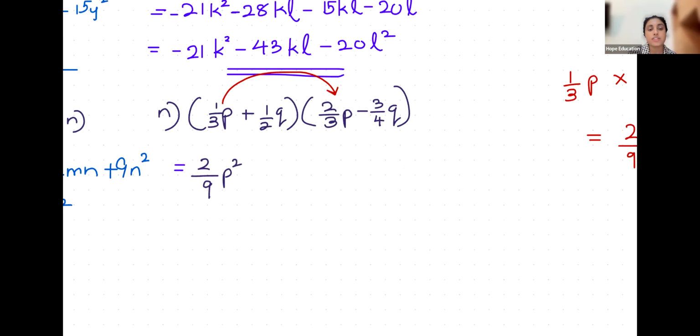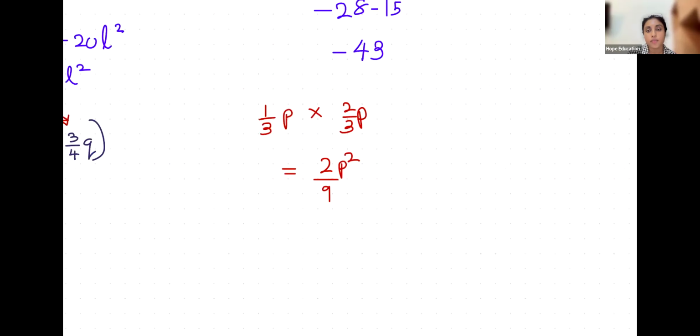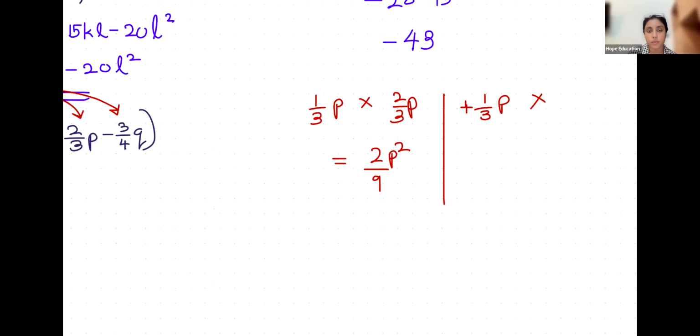Okay, now let's try this. 1 over 3p multiplied by minus 3 over 4q. Let's try that. 1 over 3p is plus, multiplied by minus 3 over 4q.